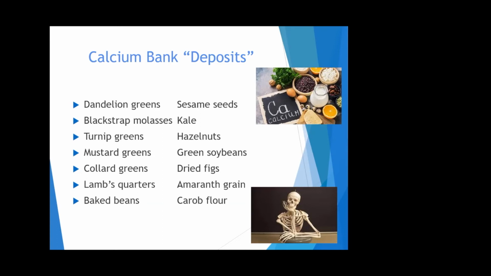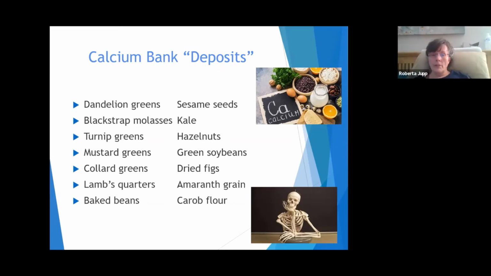Lamb's quarters, exactly, like they're just growing wild in anybody's yard? Well, it depends on the part of the country, and it depends on if they are growing in certain areas, but they're very prolific like dandelions are. So if you find them in an area, they're very likely to really grow and cover a lot of ground.